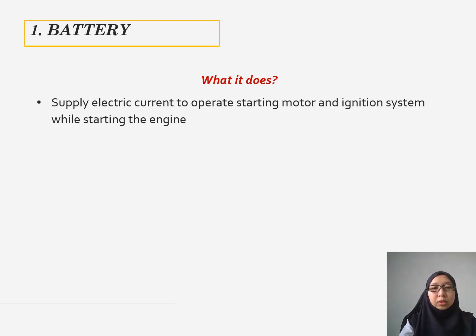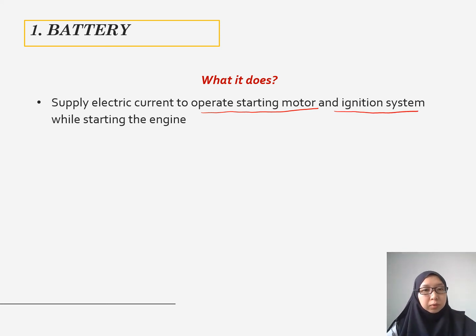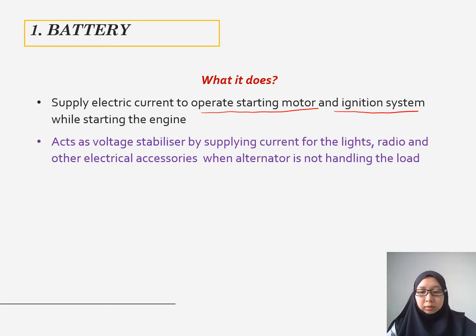Because at this particular time your engine hasn't made any movement yet, so it has not combusted yet. Also, the battery acts as a voltage stabilizer by supplying the current for the lights, radio, and other electrical accessories when the alternator is not handling the load.